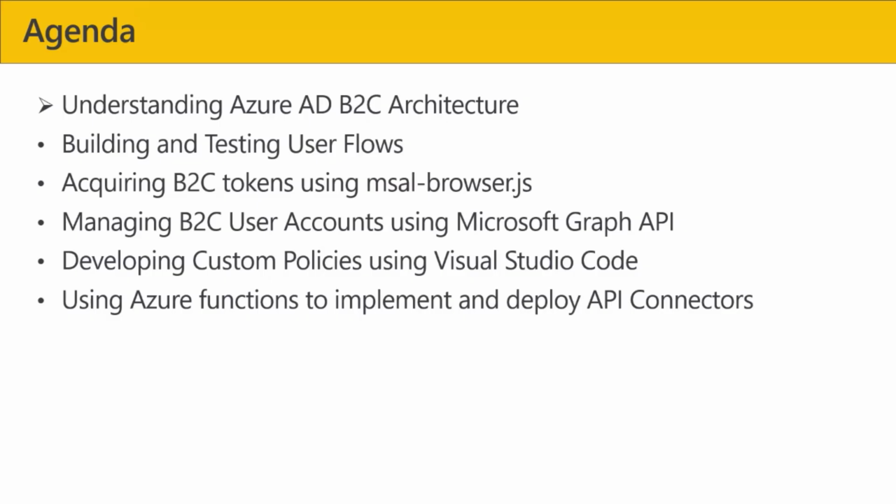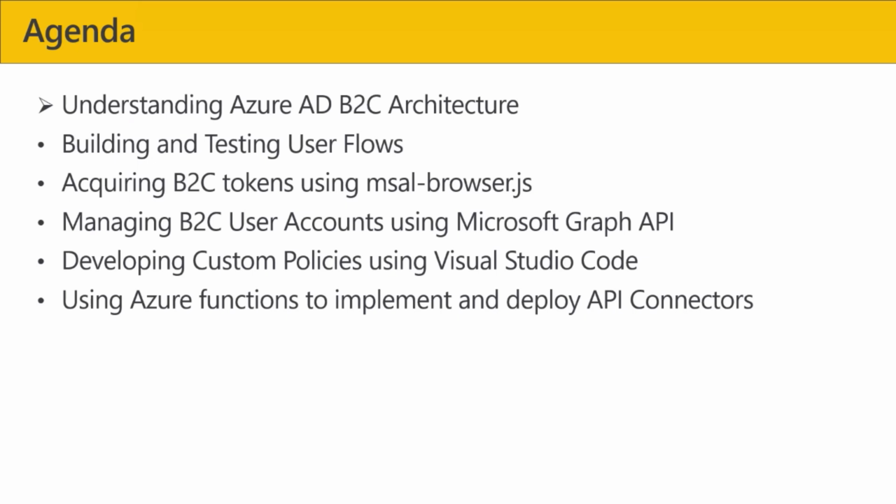We're going to start with an overview section, looking at the architecture, and then we want to actually build something. There's something called a user flow, and I'll do demos of getting started, building user flows to do things like sign up or sign in a user.